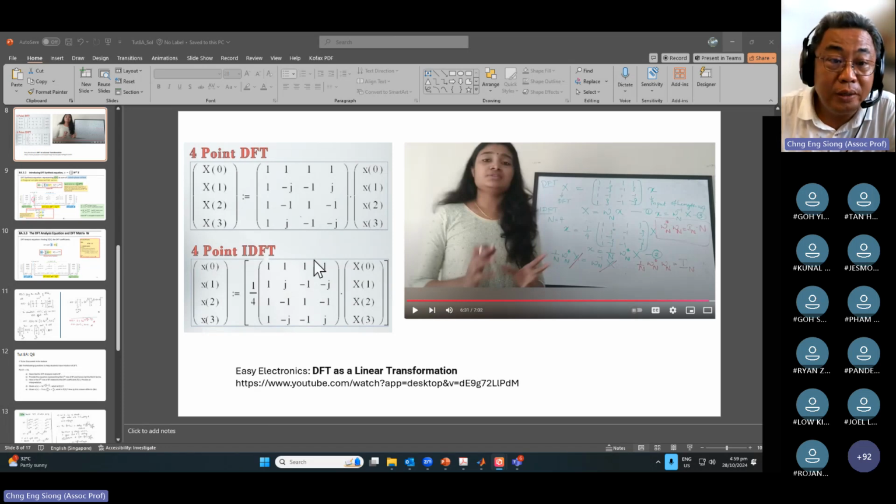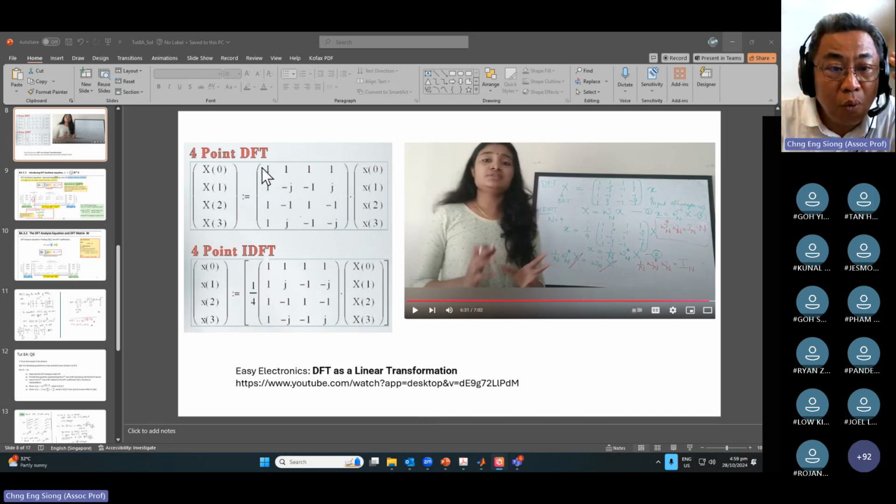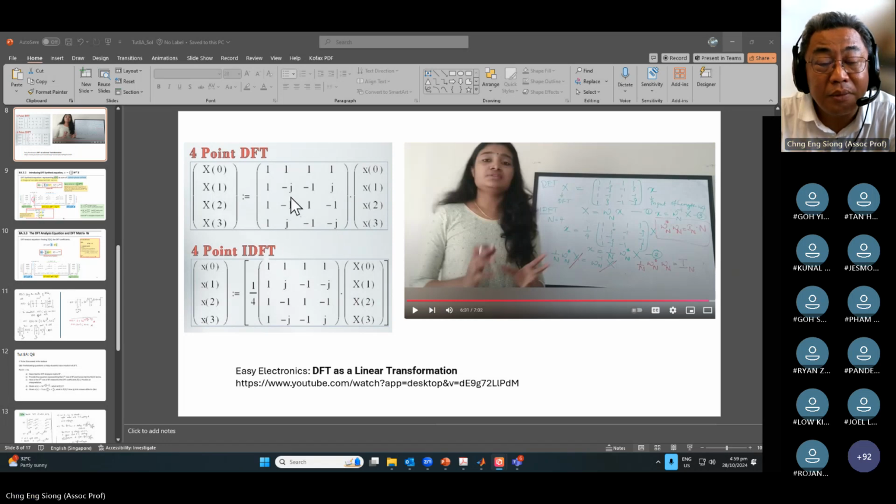This is the conjugate transpose of the above matrix. The above matrix is W. What is conjugate transpose? It means that you bring the rows as columns. So all this 1 becomes all this 1. This guy, 1, minus j, minus 1, j, becomes this column, 1, but with conjugate transpose. Transpose is easy.